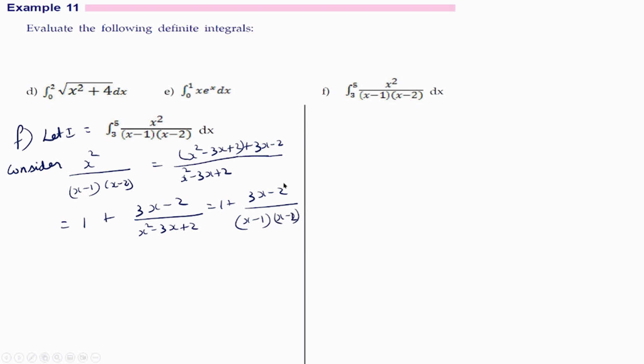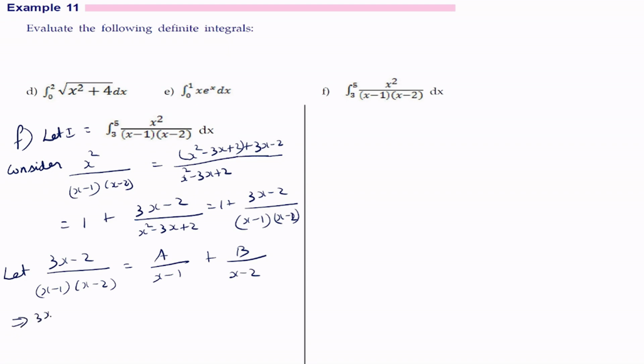And now we have got a proper rational function. Now we can use partial fractions. So let us take 3x minus 2 upon x minus 1 into x minus 2 equal to A by x minus 1 plus B by x minus 2.